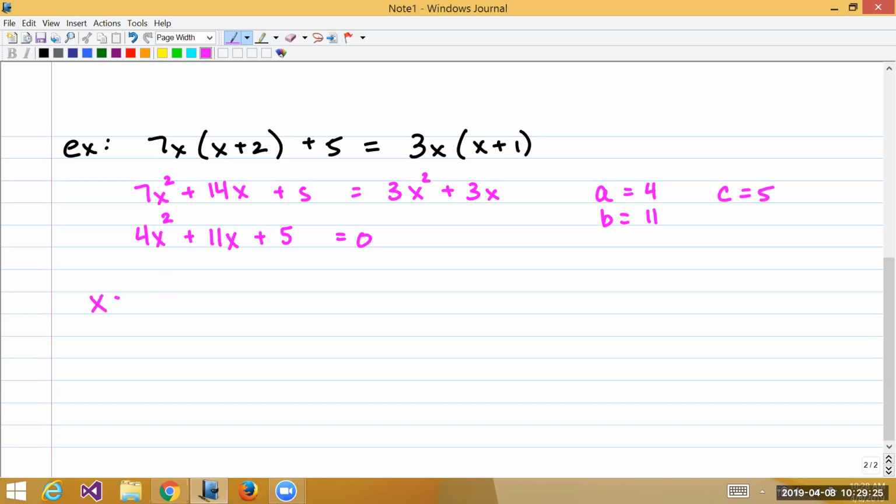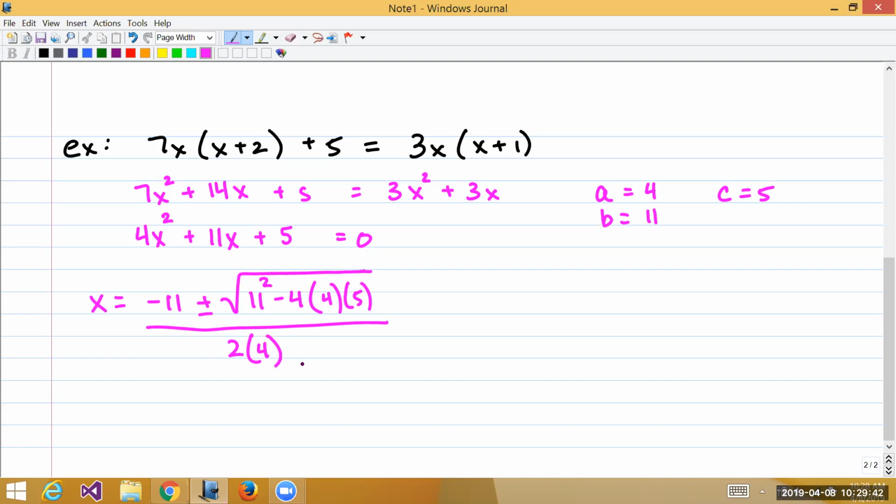So x equals negative 11 plus or minus the square root of 11 squared minus 4 times 4 times 5, all over 2 times 4. Okay, can go across here.